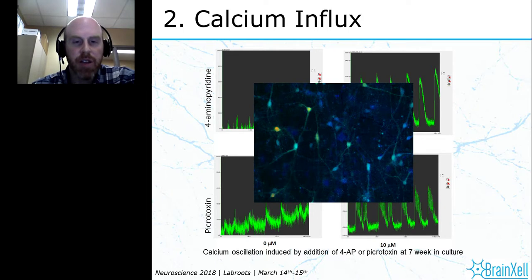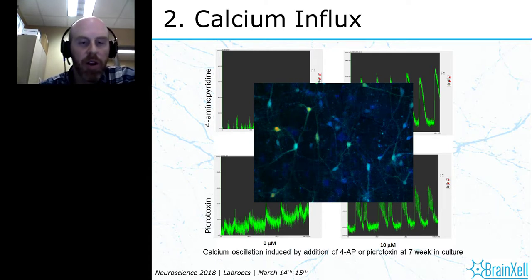If this kind of experiment is done using imaging, you get images like this. I've got a nice video of this, which can't be used here, to show pulsing activity and oscillatory activity through time. So it can be done both as a homogeneous whole well collection of signal versus an imaging assay as well, using a calcium dye.